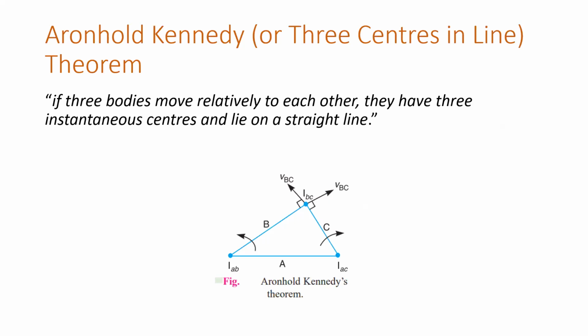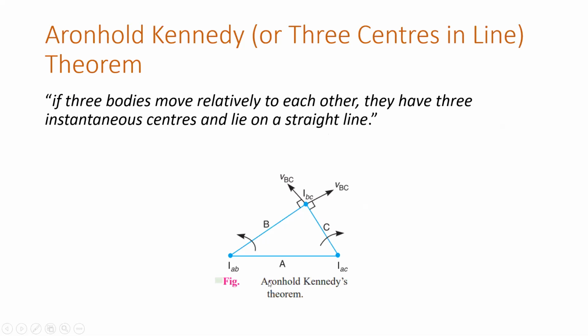Okay. What it says: if three bodies move relative to each other, they have three ICRs, three instantaneous centers, and those ICRs lie on a straight line. Okay, so here you are considering three bodies.